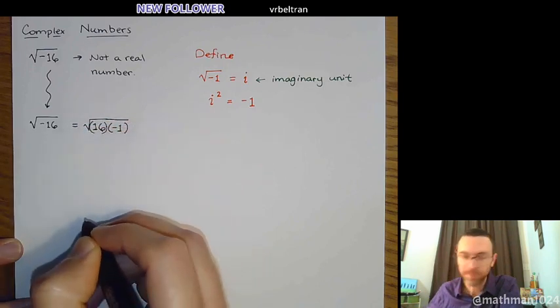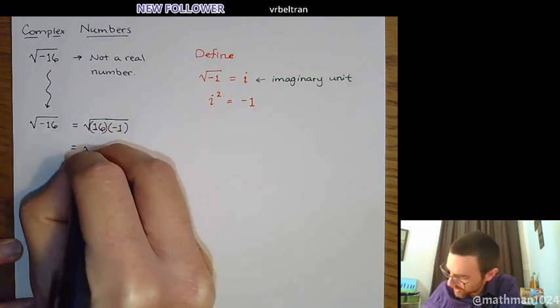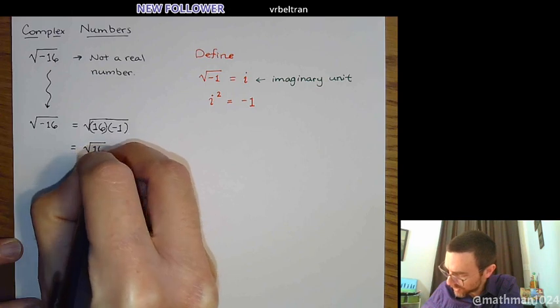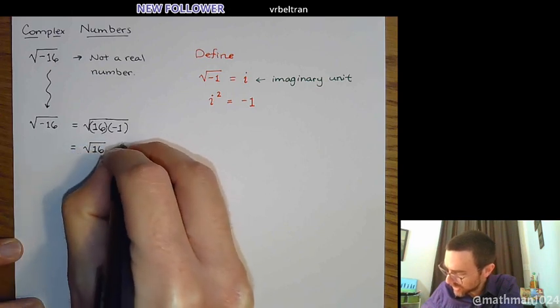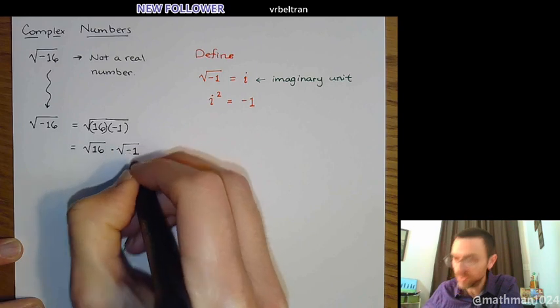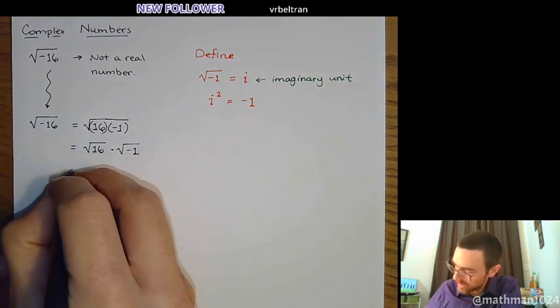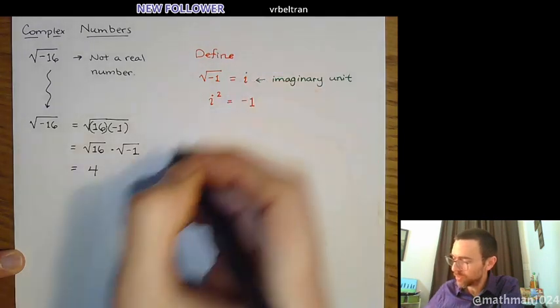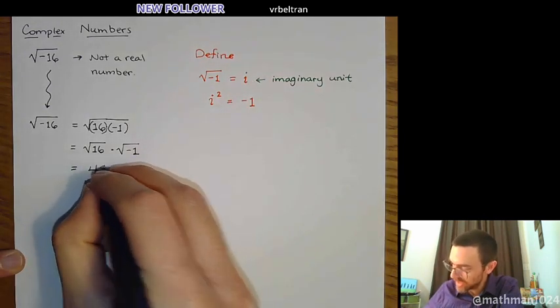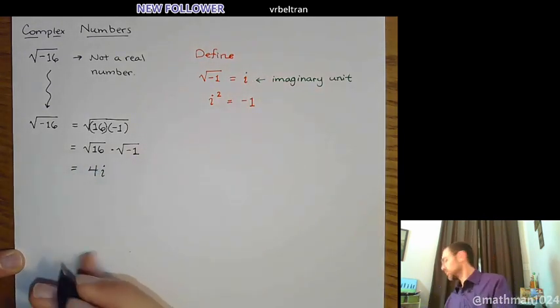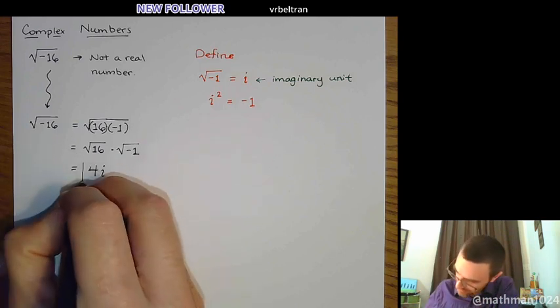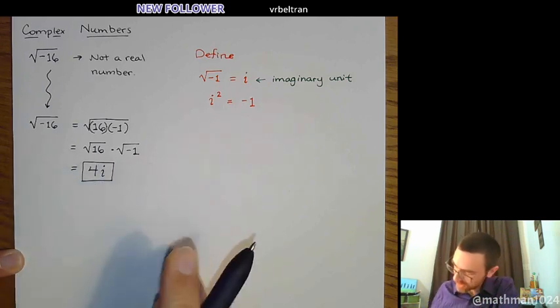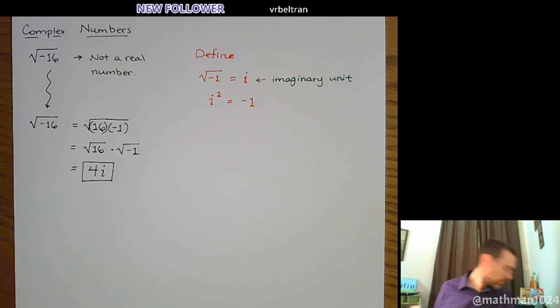And this just means that when I split these square roots, I have the square root of 16 times the square root of negative 1. So the square root of 16 is 4, and the square root of negative 1, from this definition, is going to be I. So we're going to say that the square root of negative 16 is 4I.